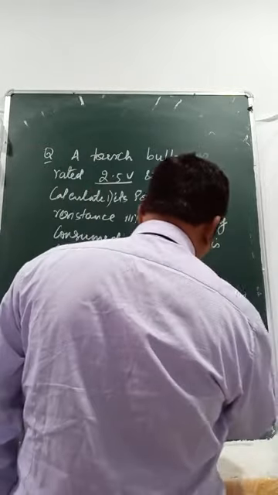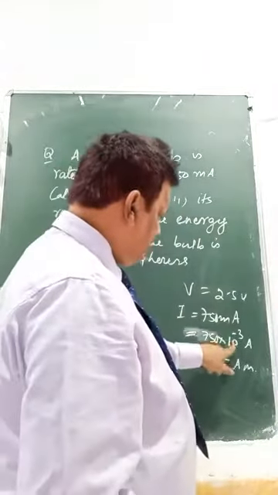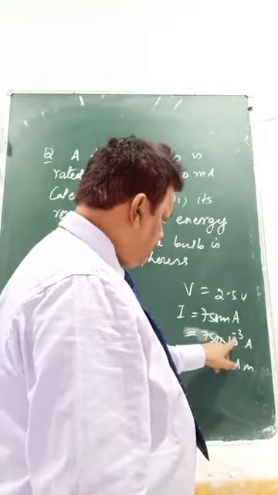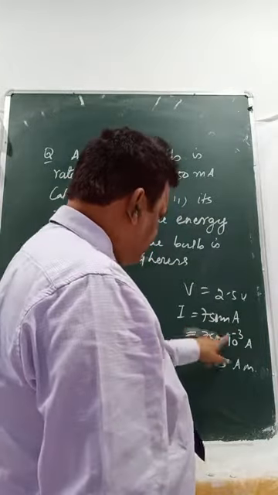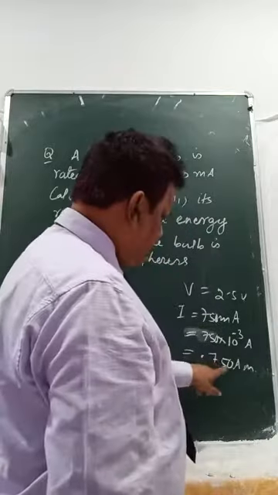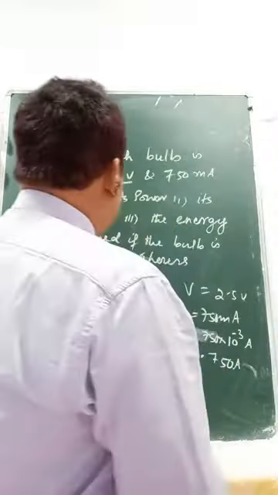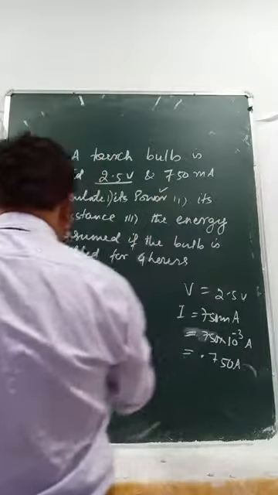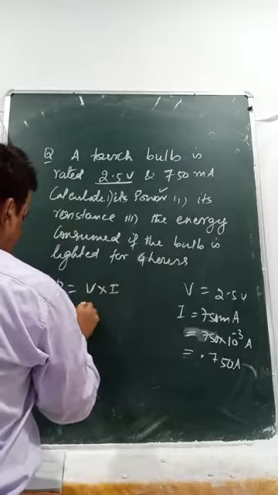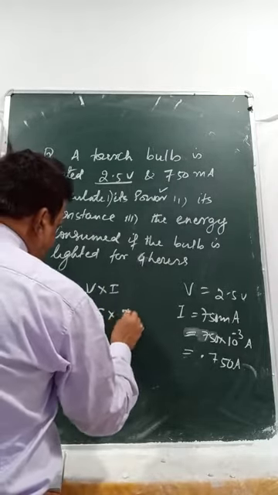This is 750. So milli means 10 to the power minus 3 ampere. So the decimal will go left 3 places, which means 0.750 ampere. Okay now, calculate its power. Power means V into I. So 2.5 into 0.75.